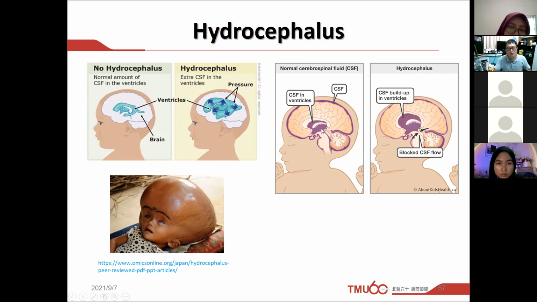The ventricles will take more CSF, so eventually it will build up this kind of big head here. In this case, we call it hydrocephalus. You need an operation to drain that CSF away to reduce the pressure in the brain. So this causes enormous enlargement of the CSF spaces in the brain.